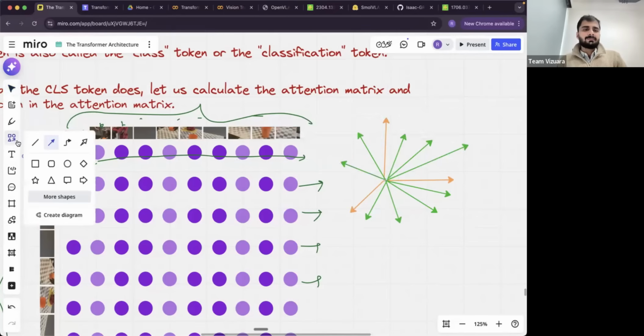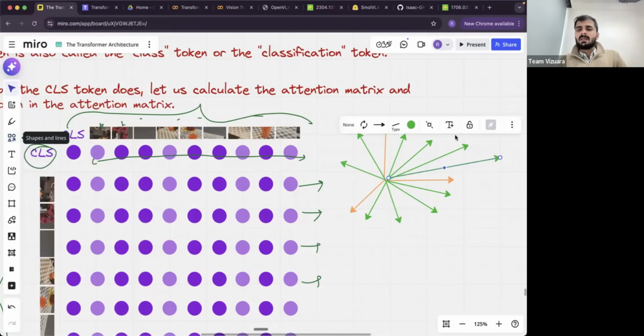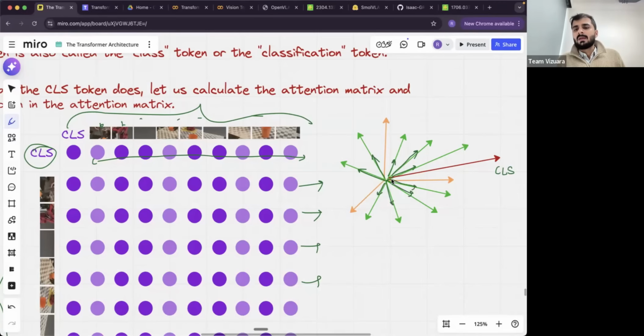Let's say our initial query, which is the CLS query, looks like this. Now what happens here is you look at all these 10 and you multiply them by their attention scores. So each gets scaled up or down depending on the value of these scores. And whatever I'm doing on this graph right now will help us understand why the CLS token captures the summary of the image.